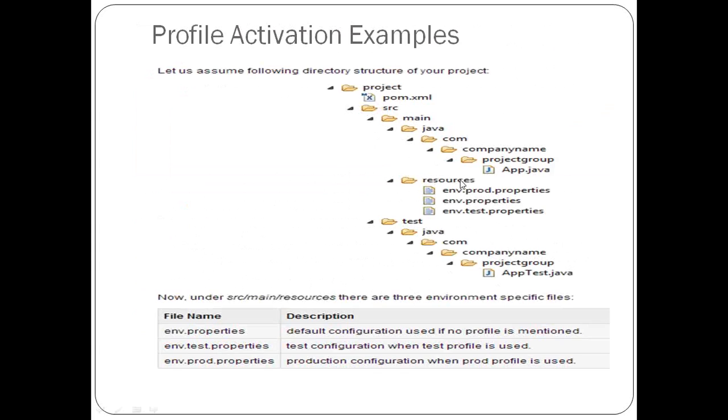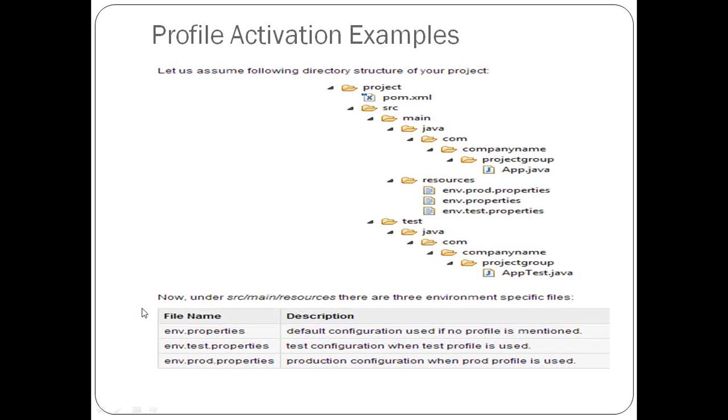In the resources folder we will store properties files, like mail.properties files, database connection properties files, or environment specific properties files. In the test folder we will have test classes for our source code.